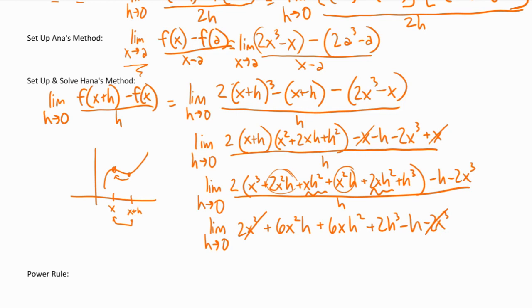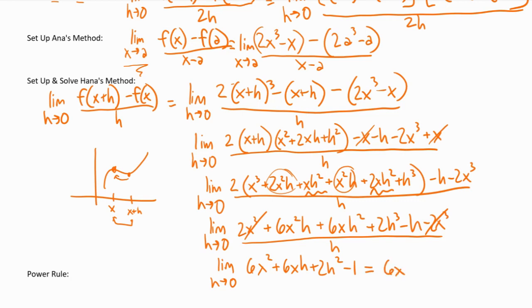This cancels with this. And now we're going to divide everything by h. So I get 6x squared plus 6xh plus 2h squared minus 1. Now I can plug in h is 0, which is 6x squared minus 1.